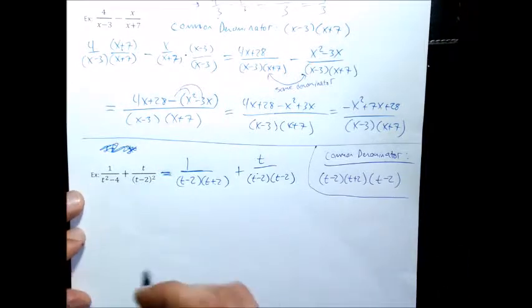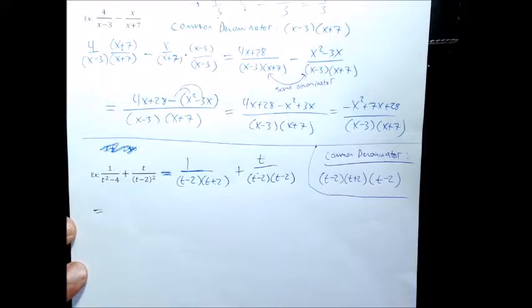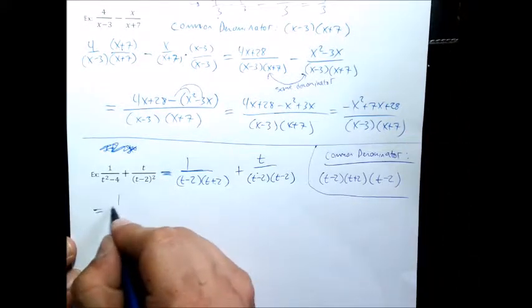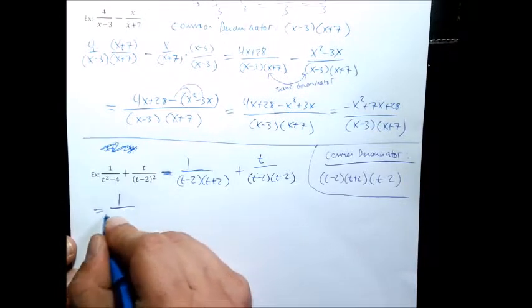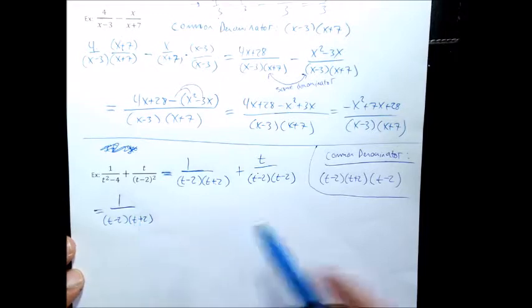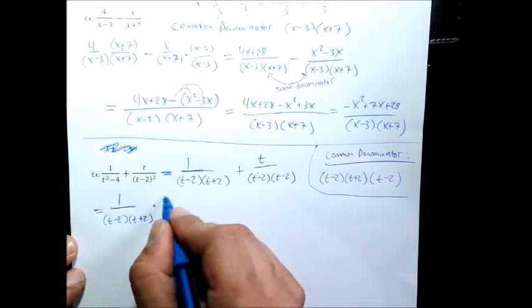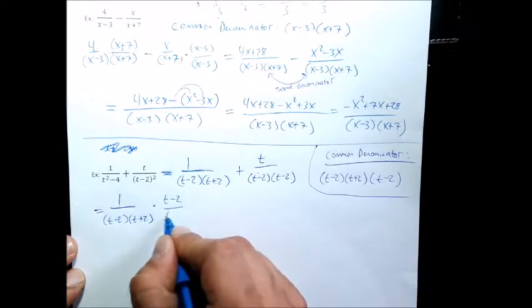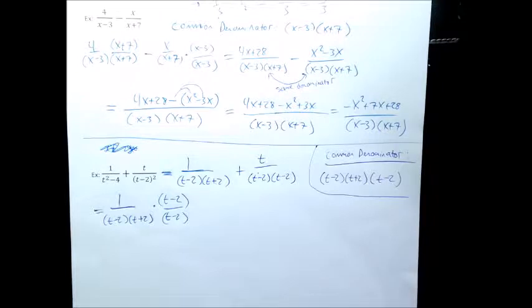The way we do that is by multiplying by different forms of 1. We'll rewrite the left-hand fraction. We need to give it a t minus 2 because the one on the right has 2 of them, so we'll multiply by t minus 2 over t minus 2. Now the one on the left has the denominator we're looking for.